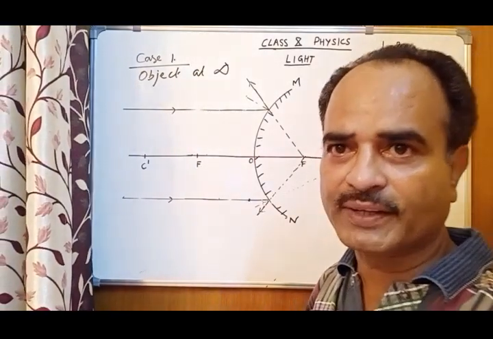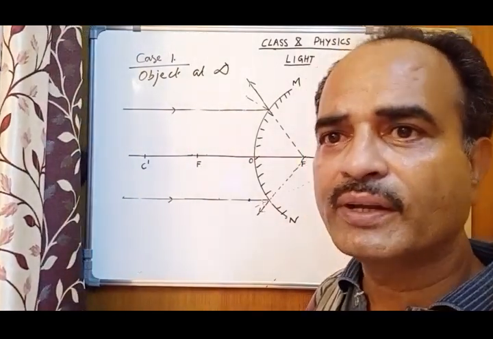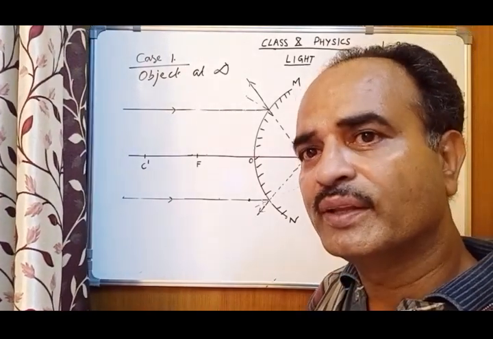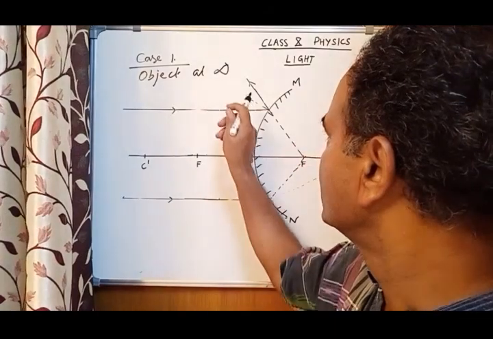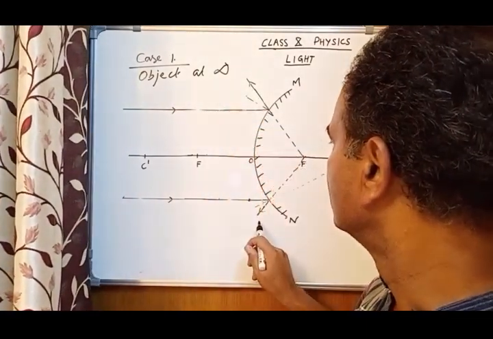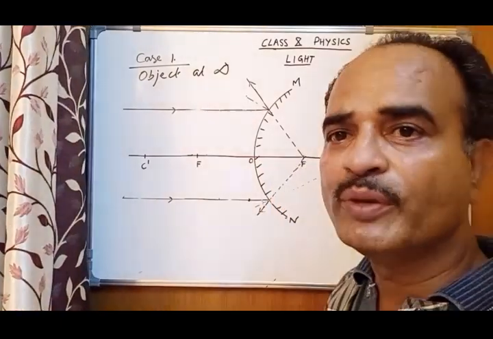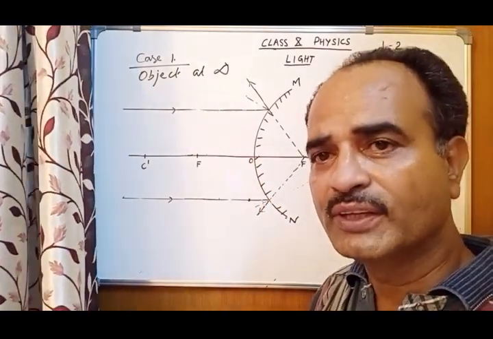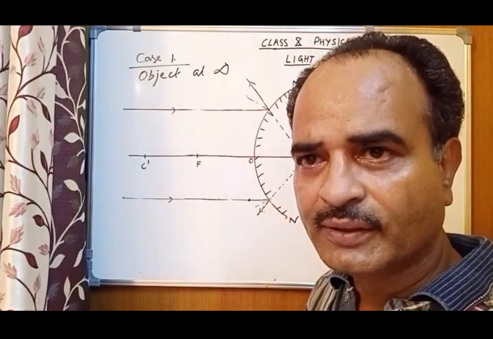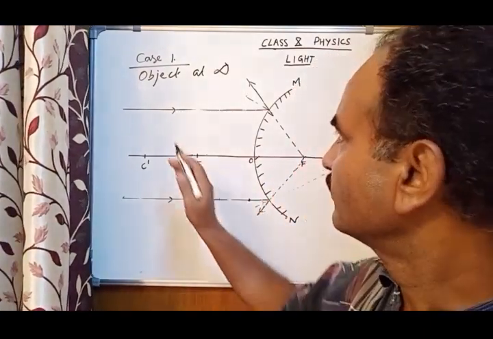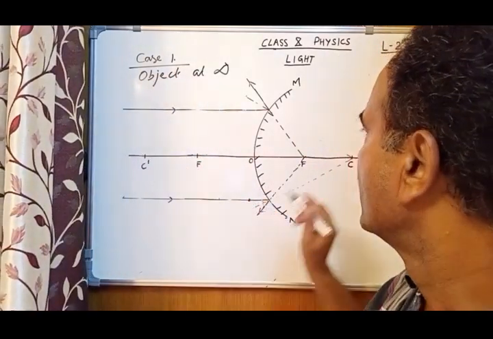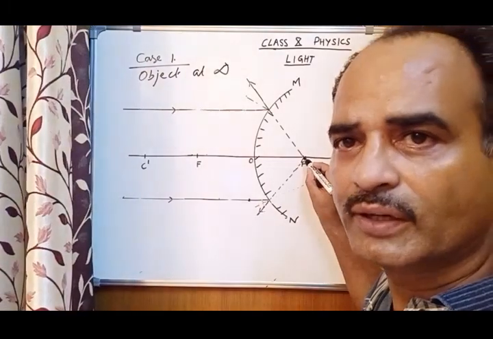None of the rays will meet in practice. We will have to extrapolate them in the backward direction, and we see that when extrapolated backward, they both meet at the focus point of the convex mirror. So in this case, when the object is kept at infinity, the image is highly diminished.